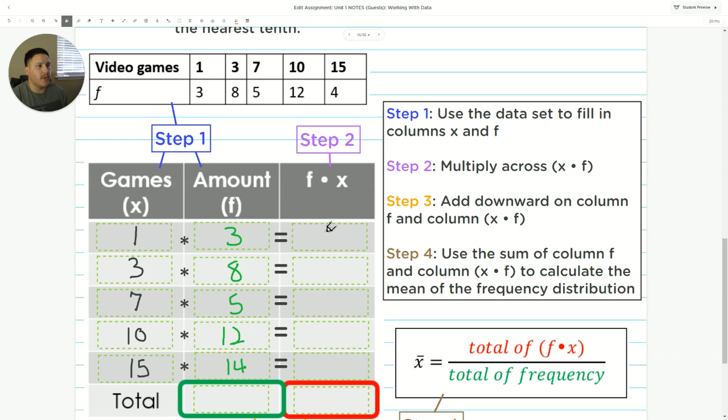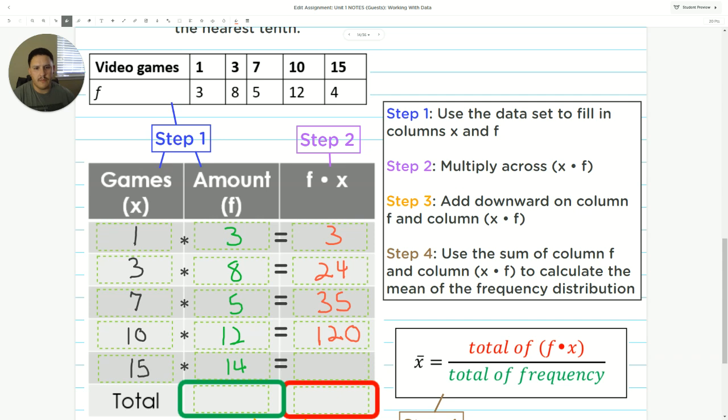So 1 times 3 is 3. 8 times 3 is 24. 5 times 7 is 35. And you can type these in your calculator to check, but just going through it. 12 times 10 is 120. 15 times 14, I believe, should be 175. No. 150.